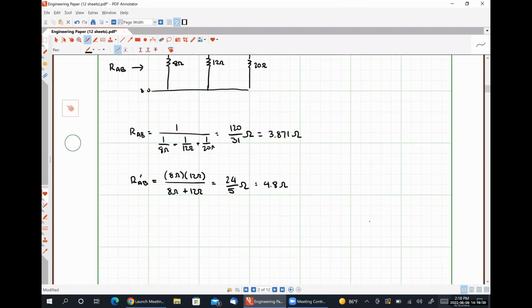And then we will combine this resistance RAB prime in parallel with our 20 ohm resistor, so that RAB is 4.8 ohms times 20 ohms over 4.8 ohms plus 20 ohms.